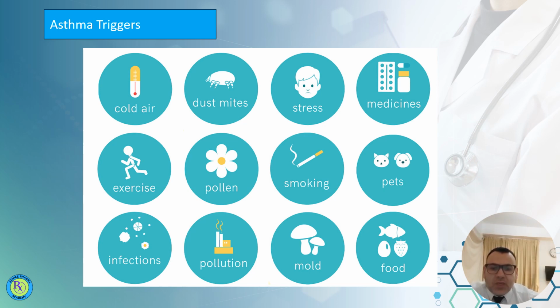Pollen, and this is why asthma is common in the spring or autumn due to the spread of pollens. Smoking, of course, pets. Infections like viral infection: usually after a viral infection, an asthmatic patient will have an exacerbation or severe worsening of asthma. Pollution, molds, and some foods that cause allergy.